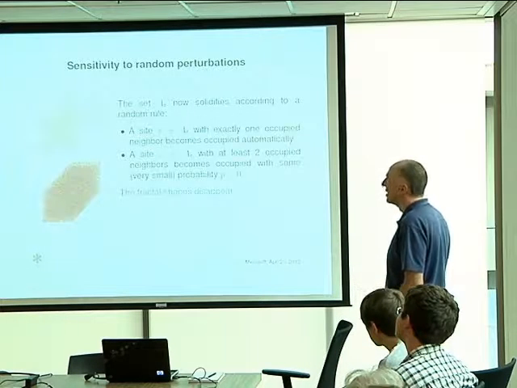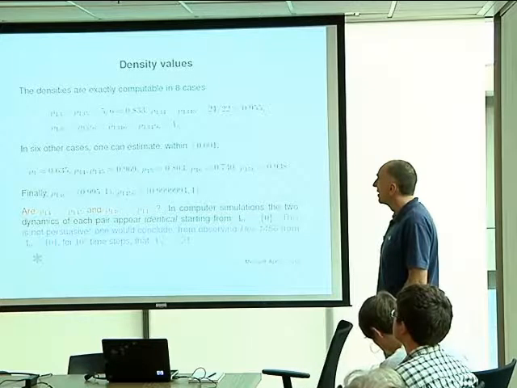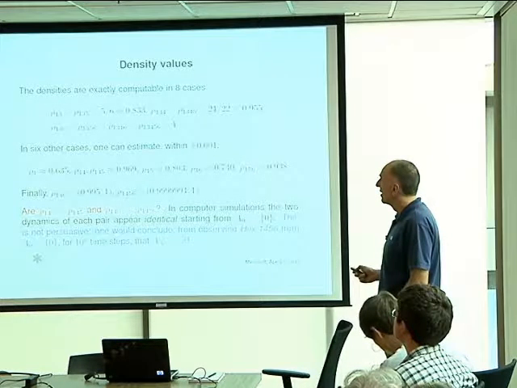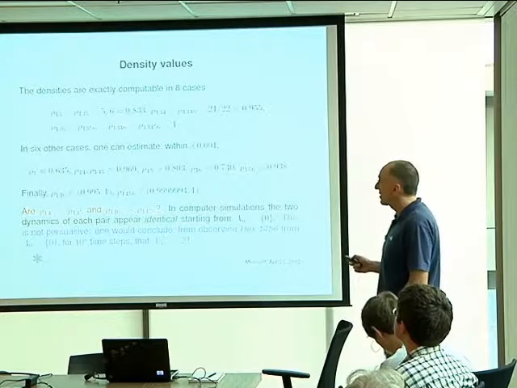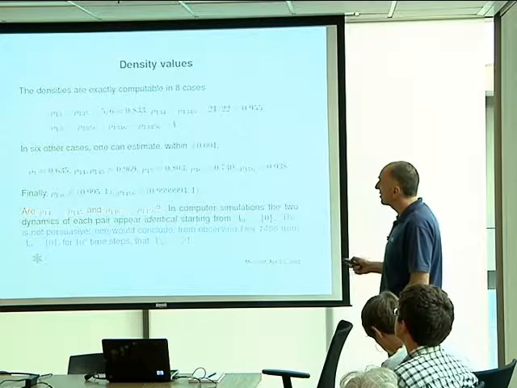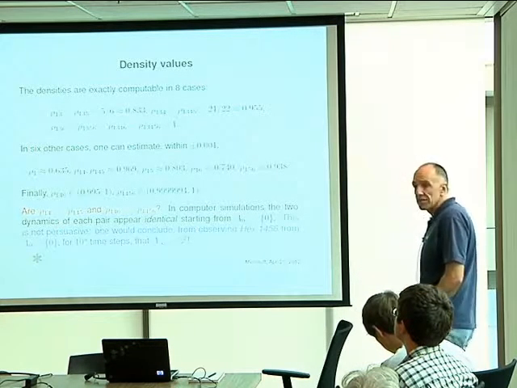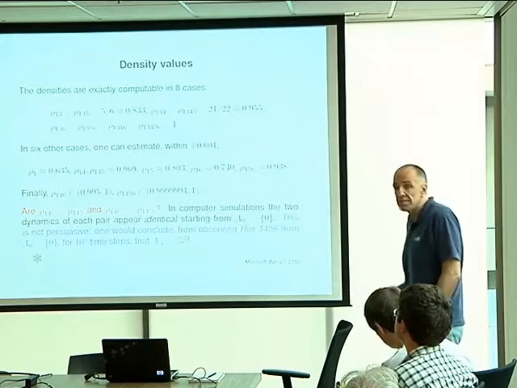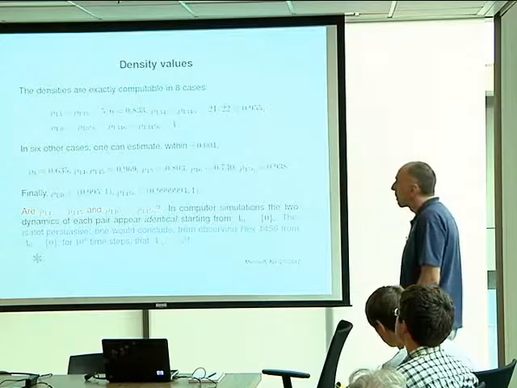But you have proved that various densities are the same, like 1, 3 and 1, 3, 5? Yeah, so these are all proved. All the estimates here are rigorous, and equalities are rigorous. Just for this one we don't know whether they're different.